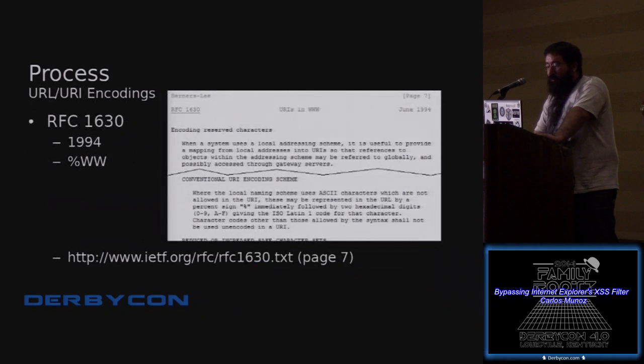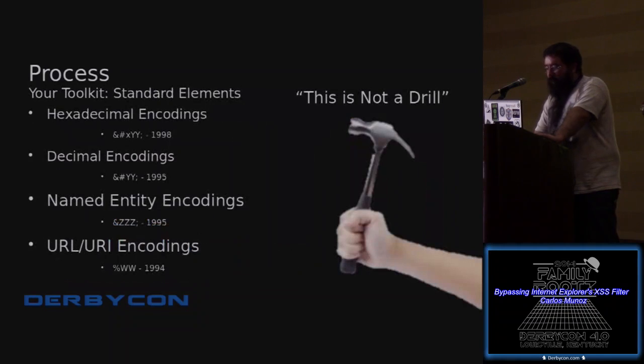Part of RFC 1630 back in 1994, where it's a percent and a hexadecimal reference to a character. So these are all methods depending on how you land. Often all of these can be used if you land in attribute space. If you land in JavaScript space, the URL, URI encodings can be especially useful as well.